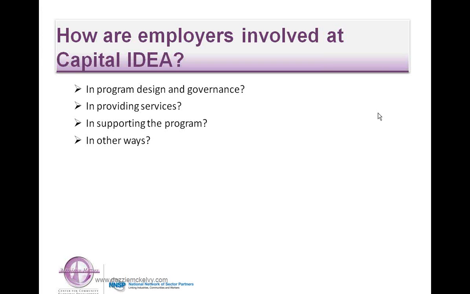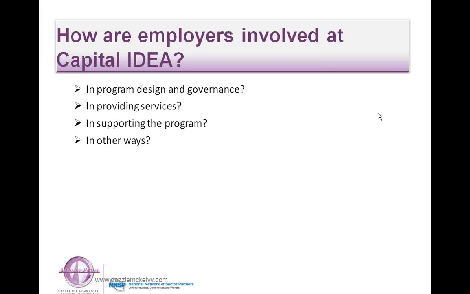Another couple of ones. They have donated office space. For example, the space that Capital Idea is in right now, which is in the middle of downtown Austin. When we first got that space, Southern Union Gas was one of our employing partners. They gave us space that they could have gotten top dollar for that we still have today.